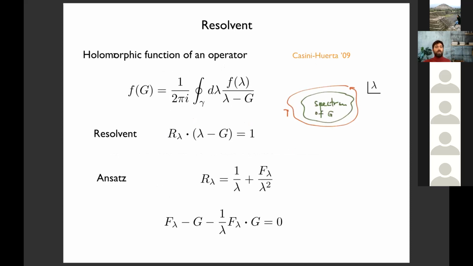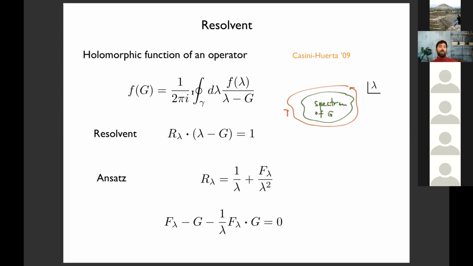So the idea is that you simply use Cauchy's integral formula. If you want to compute a holomorphic function of an operator, then one thing that you need is that the spectrum of the operator lies in some compact subset of the complex plane. So all the eigenvalues should be in some compact region.